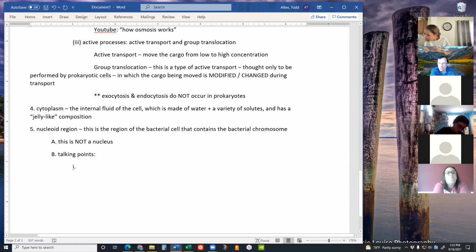Typically, most prokaryotic cells that have been identified and studied by science, by far, most prokaryotic cells tend to have one single circular chromosome.